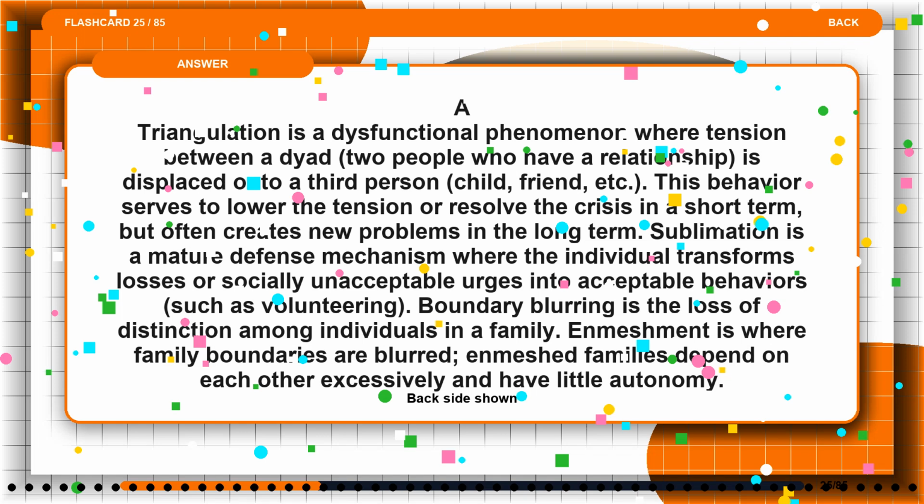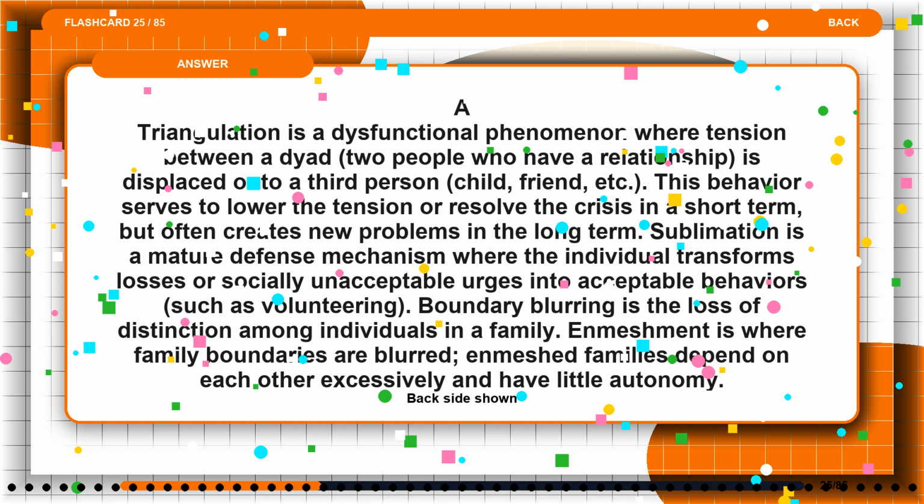The answer is A. Triangulation is a dysfunctional phenomenon where tension between two people who have a relationship is displaced onto a third person, such as a child or friend. This behavior serves to lower the tension or resolve the crisis in the short term, but often creates new problems in the long term.